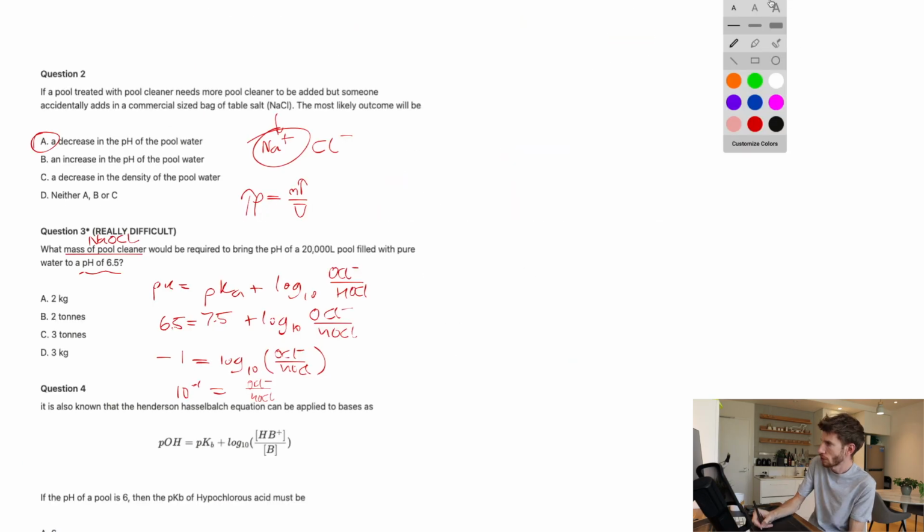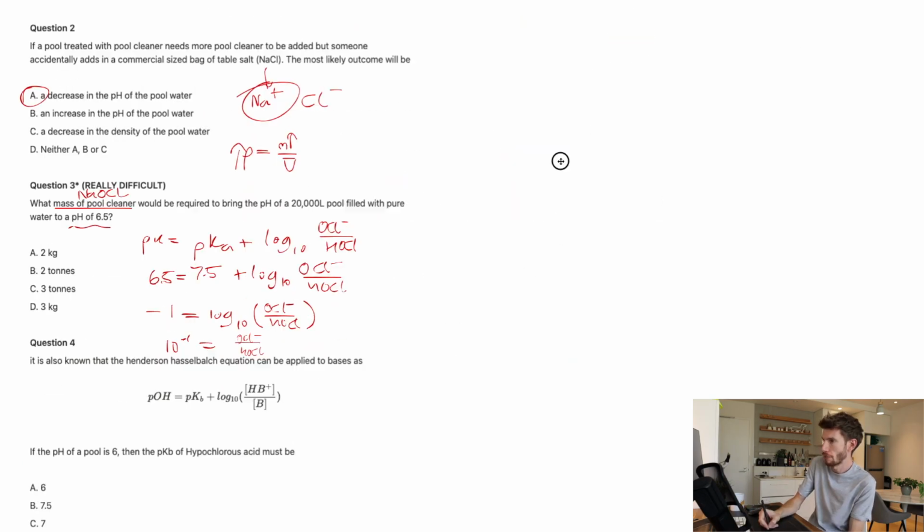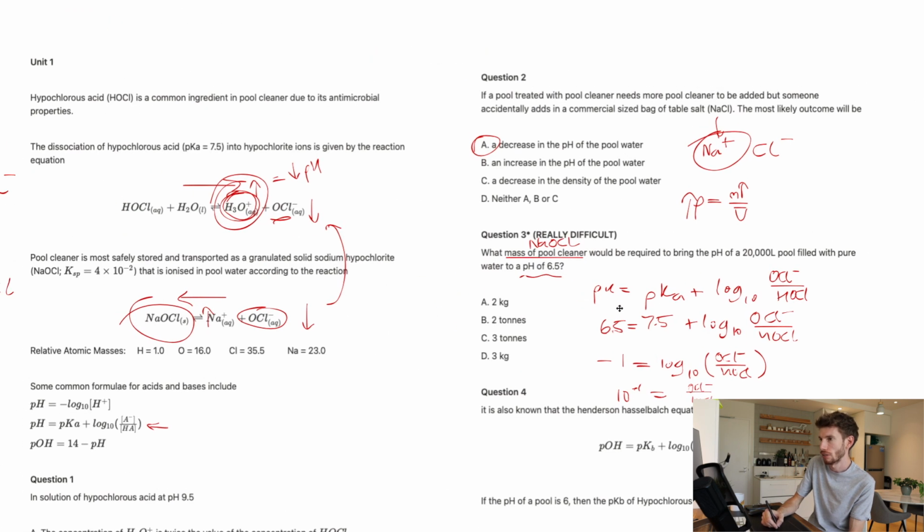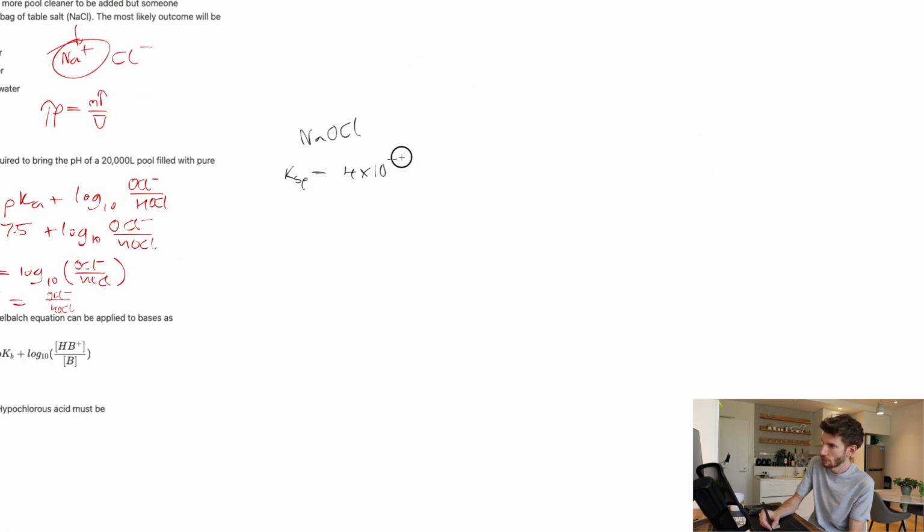And so if it's a saturated solution, what that then means is that the Ksp of the sodium hypochlorite, we need to dissolve it in there. That was 4 by 10 to the negative 2, was it? What was it? Yeah, that was 4 by 10 to the negative 2.